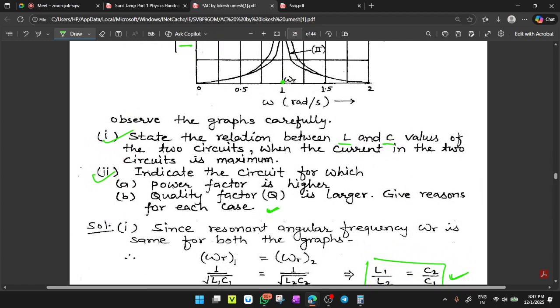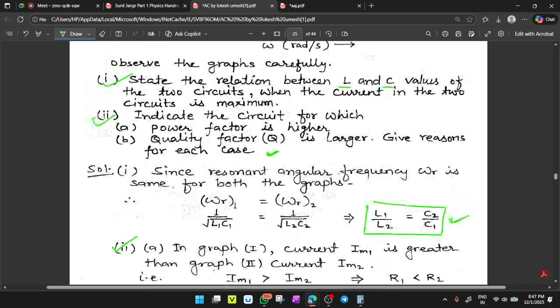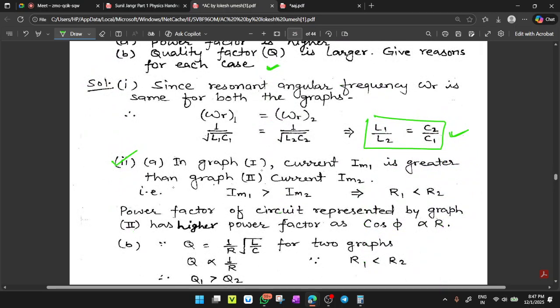Second question, indicate the circuit for which power factor is higher. In the given graph 1, the current Im1 is greater, and in graph 2 the current is Im2. So Im1 is greater than Im2. This means the resistance for the first circuit will be less than for the second circuit. So the current in the first circuit will be greater.